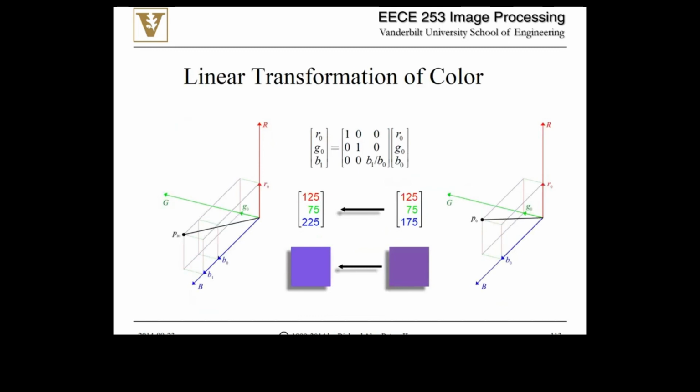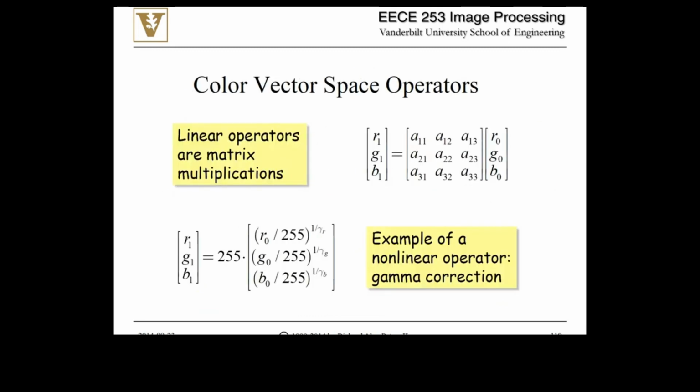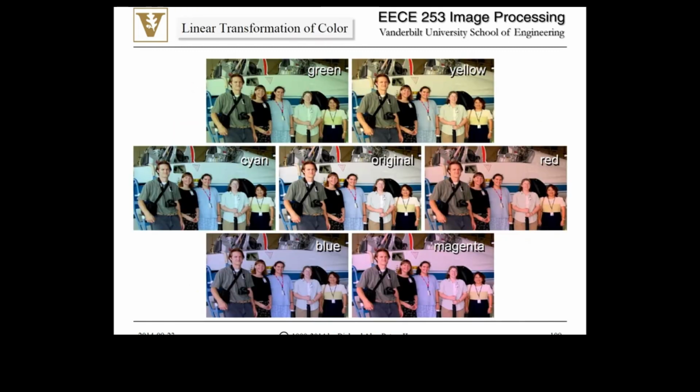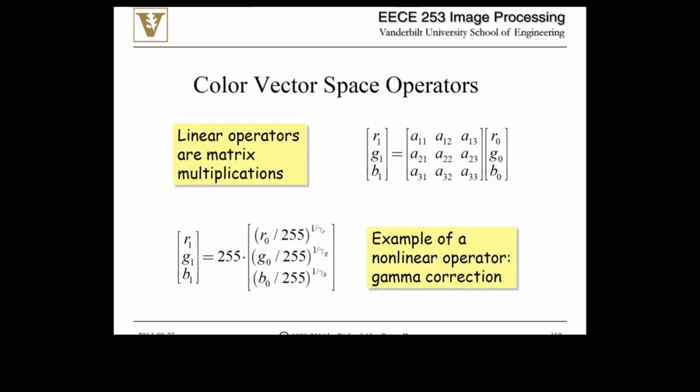You need to find some transformation that transforms colors from one space to the other, so from the original image I to the final image J. This is done through functions. This is a nonlinear function.